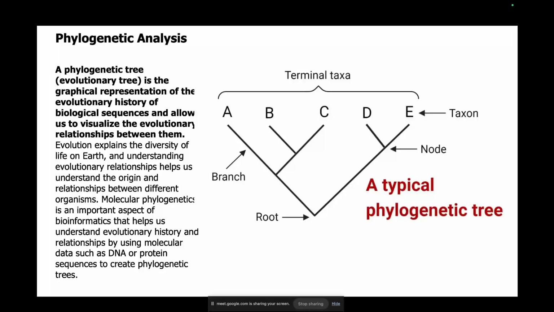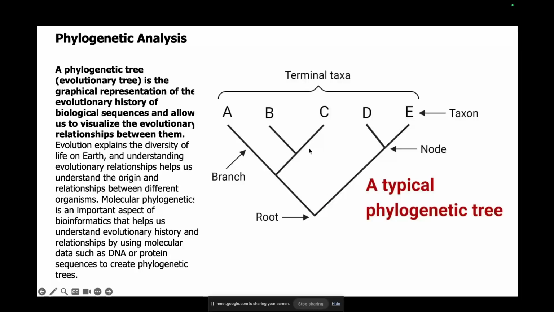Okay, so now just from looking at this particular diagram, what can you say in terms of the relationship between any two proteins? Just assume that these are 5 different proteins, and this is a phylogenetic tree that is given. What is the first thing that you can notice? Which of the two among all these 5 is the closest pair? In this case, it can be B or C because they are directly connected. It can be D or E, they are also directly connected. Now, the discriminating factor would be the length of these connections.